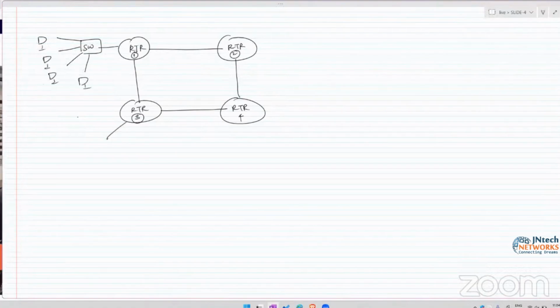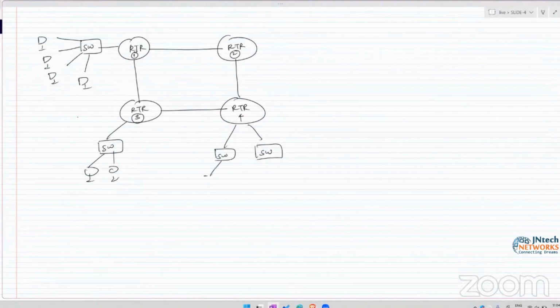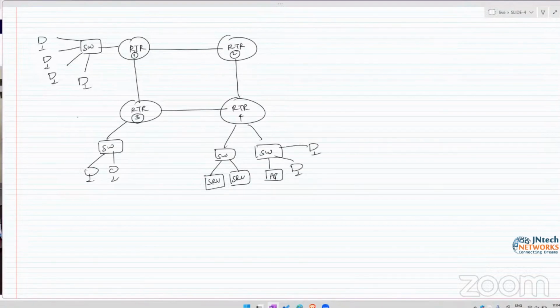This router is also connected with a switch, which is also connected with some LAN users. On this side we have switch 1 and switch 2. Switch 1 is connected with a server, and this side also has a server. This side is connected with some access points, other devices, and management users. This one is my management users. This router is connected to my ISP side. So this is a small diagram.